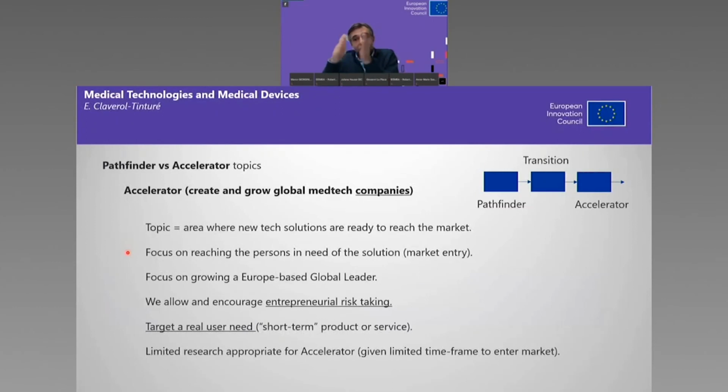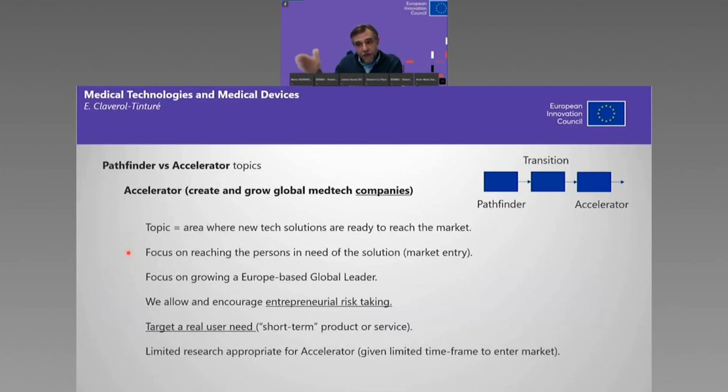And of course, that's because after that, we want to inject your project, if possible, into Accelerator. So to be ready for Accelerator, at the end of Transition, you should have a product that looks investable. Again, Accelerator is about reaching the market. We will offer you a 2.5 million grant plus an investment of up to 15 million.